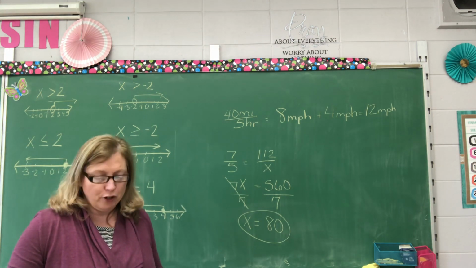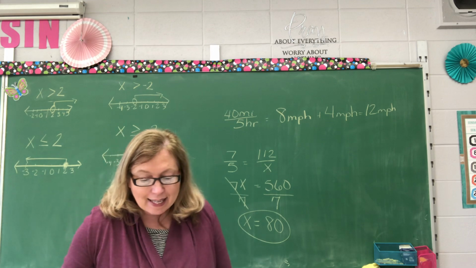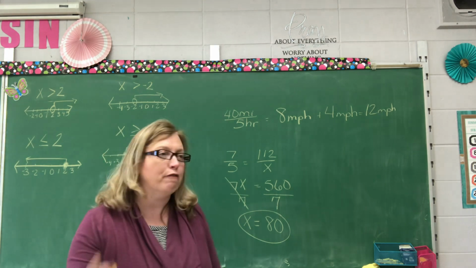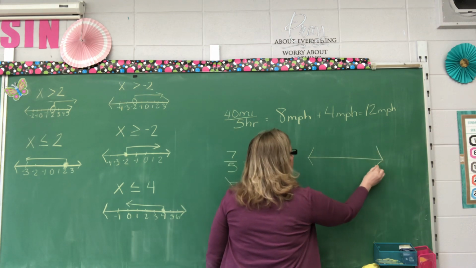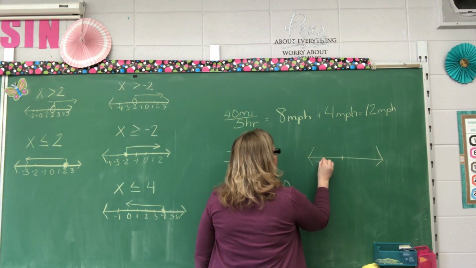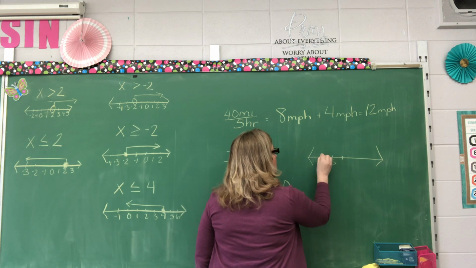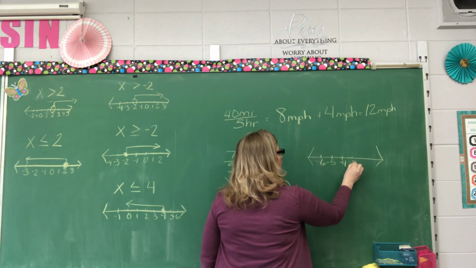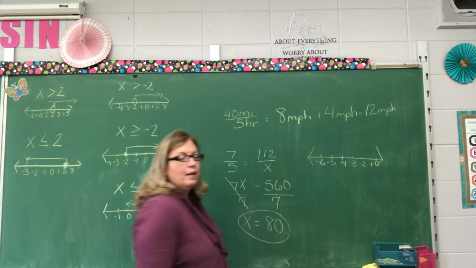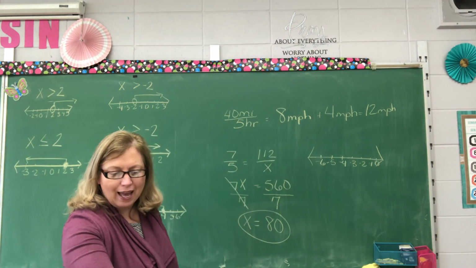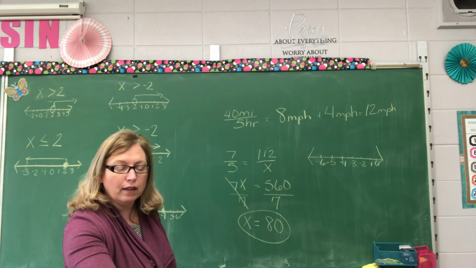Look at number 5 in your book. It says x is greater than -4. On your paper, real quickly, draw this line. Okay, I'm going to start mine with a -6. Now it says that x is greater than -4.